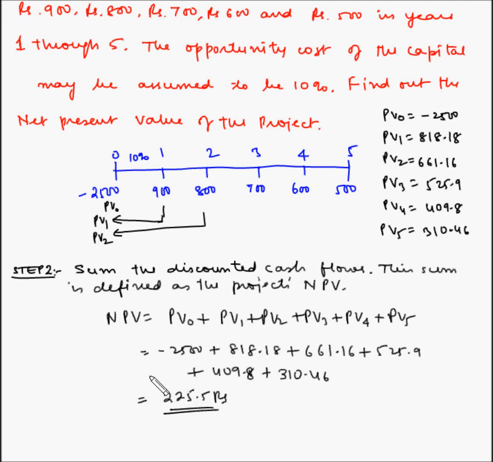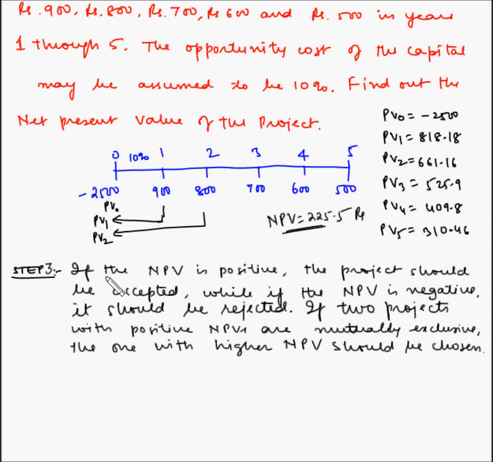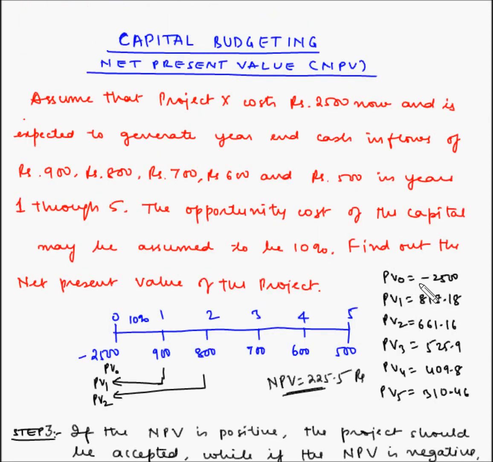Now let's move to step number 3. Step number 3 says that if the NPV is positive, the project should be accepted, while if the NPV is negative, it should be rejected. If two projects with positive NPVs are mutually exclusive, then the one with the higher NPV should be chosen. So if you recall, we made the cash outflows as negative and cash inflows as positive.